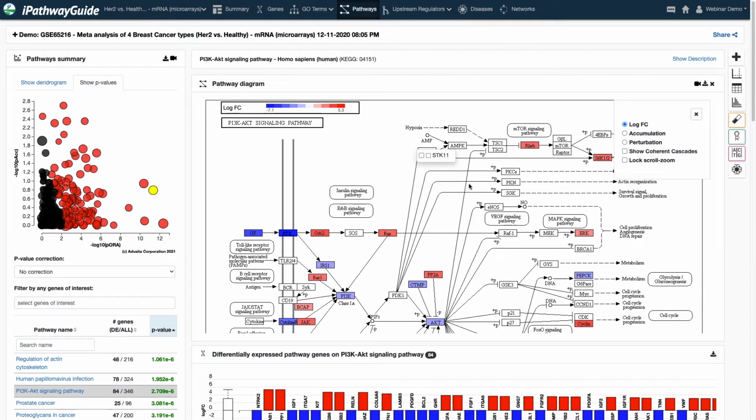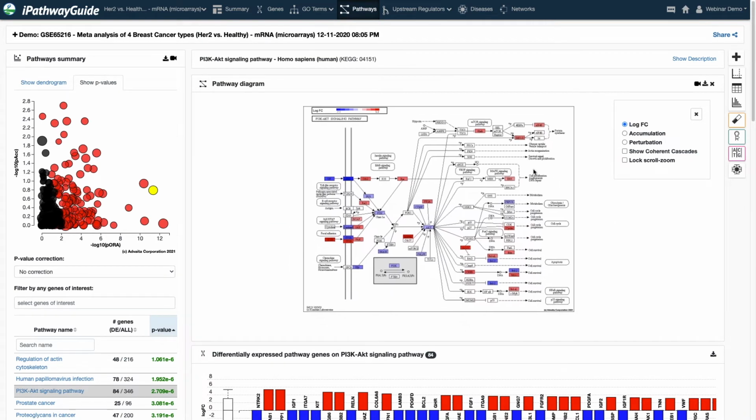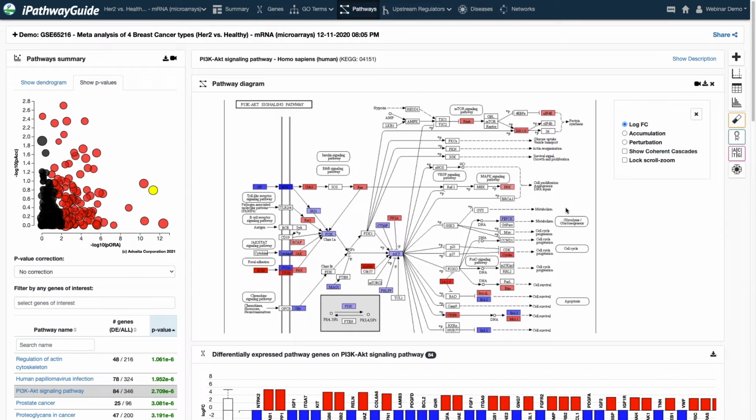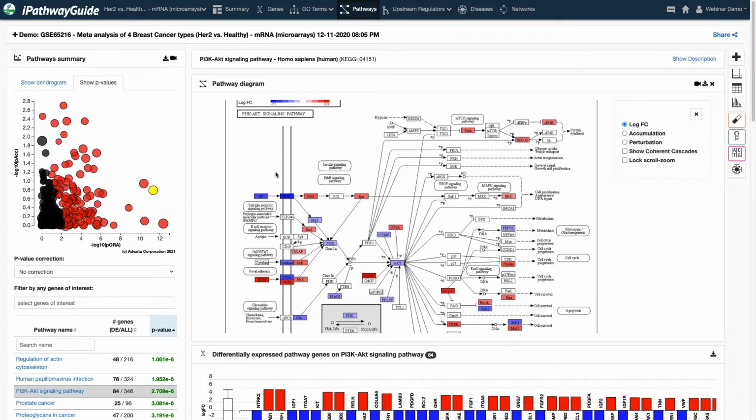Okay, so we are viewing the fold changes for this specific comparison on this pathway. And you can see just as before, blue means downregulated, red means upregulated.